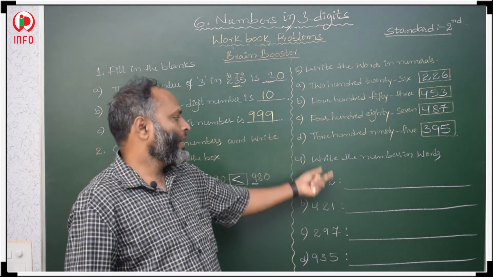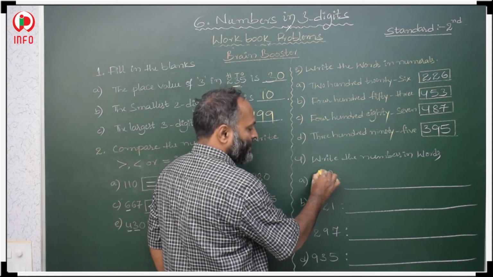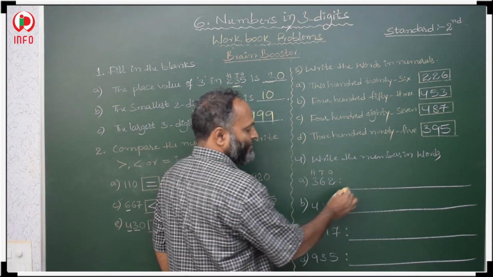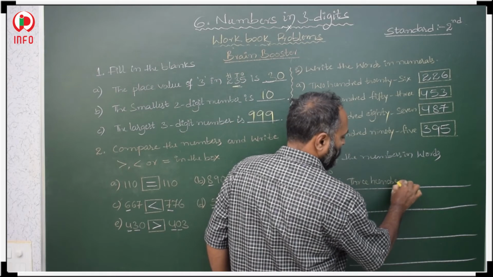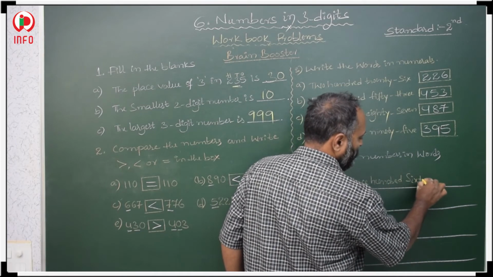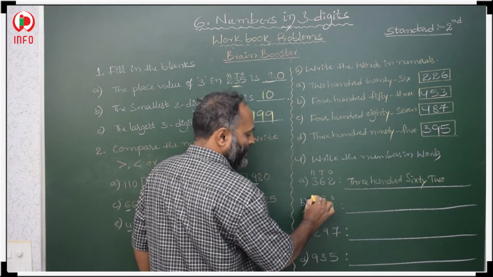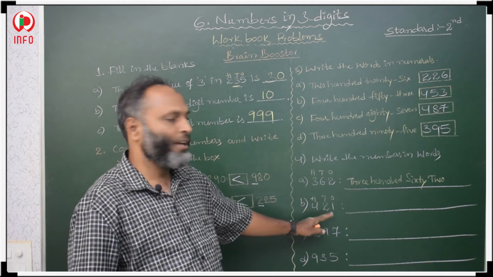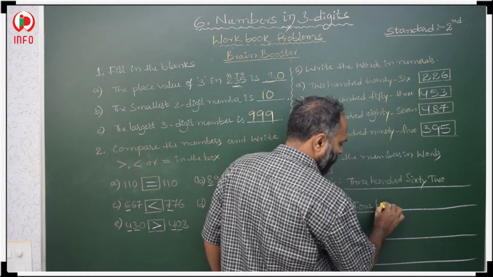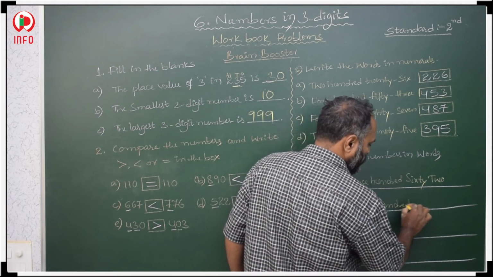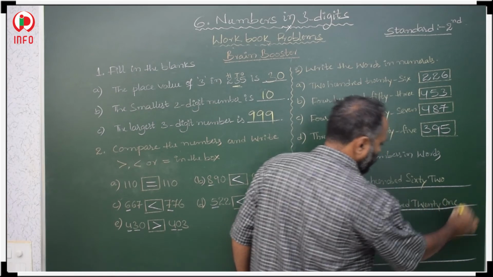Now here numerals are given, we have to write in words. So first, ones, tens and hundreds. 362. The same, ones, tens and hundreds. 421.